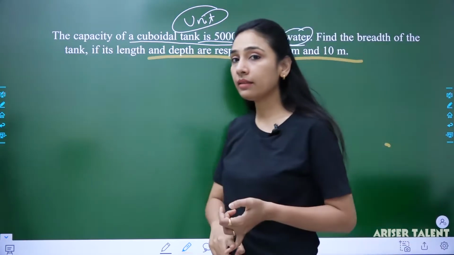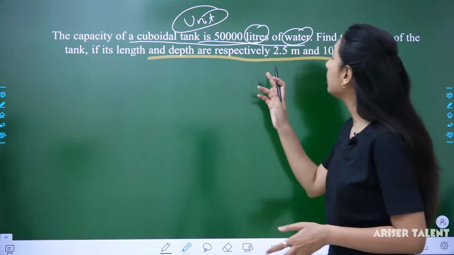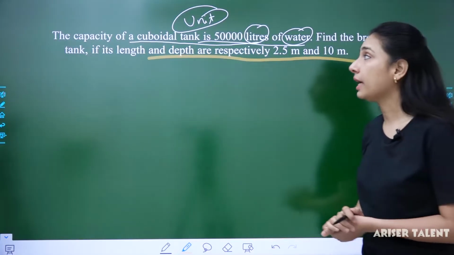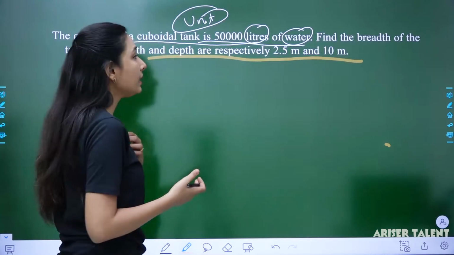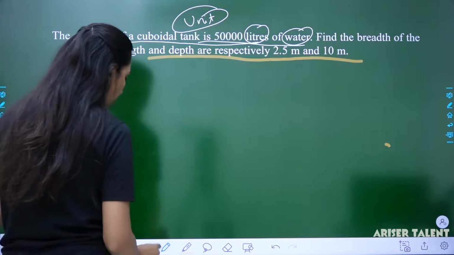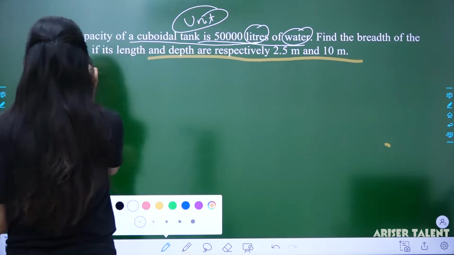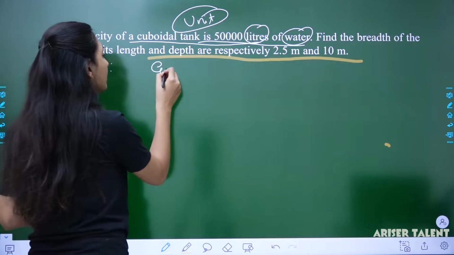So here length is given, depth is given, only dimension left is the width of the tank. We have to find it, and we are provided with the complete volume, so we can just put the values in the formula you know very well. First we will write the given things.